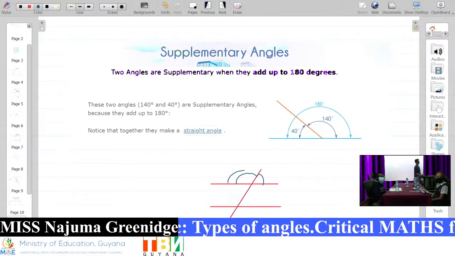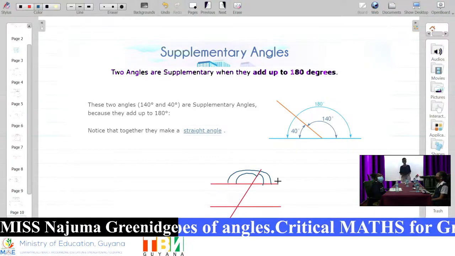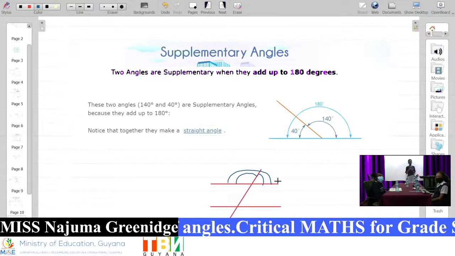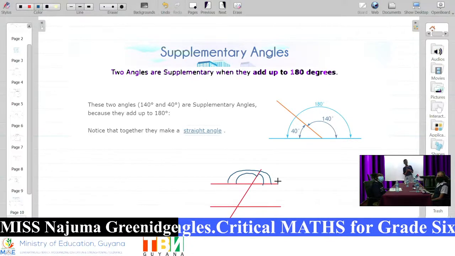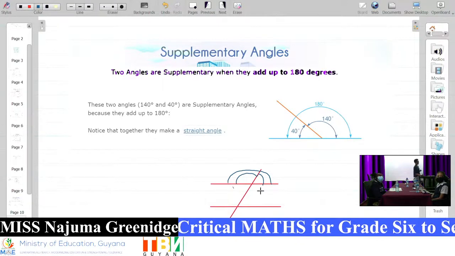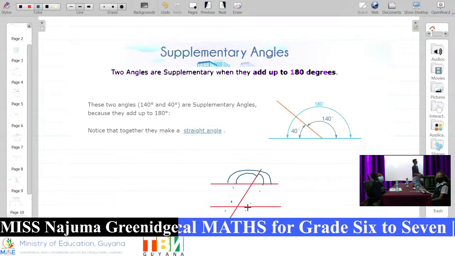And then this entire thing, how many angles are there? Three angles. You have acute, obtuse, and then a straight angle. So you have those four angles at the four points there. Get the idea? All right.